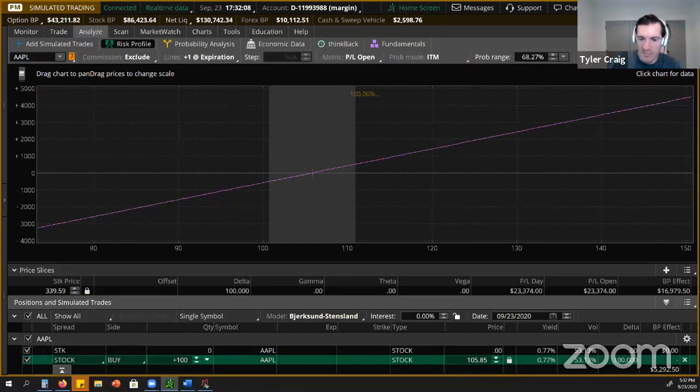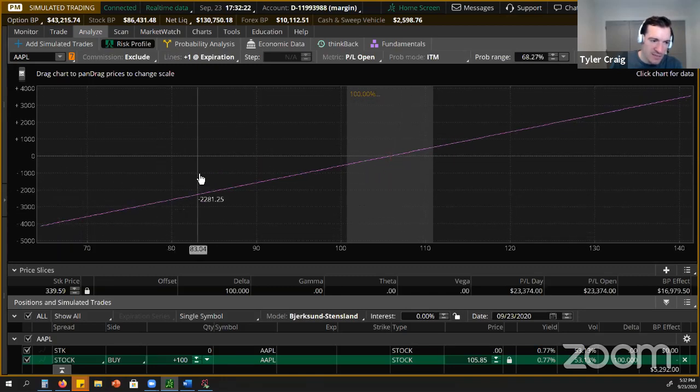This is the risk graph of a long stock position. We love it because if Apple goes up over time, we make lots and lots of money. We don't like it if Apple goes down, we lose money. So this is the part of the risk graph that's a little spooky, that creates some uncertainty.